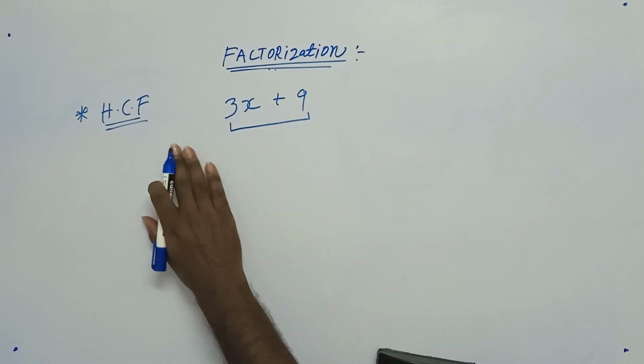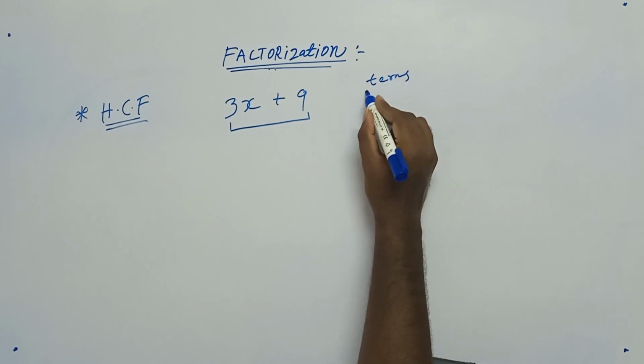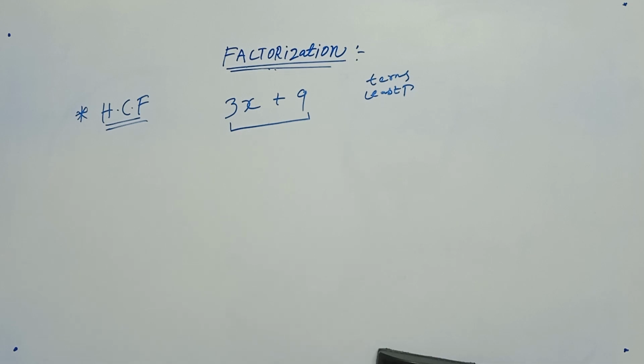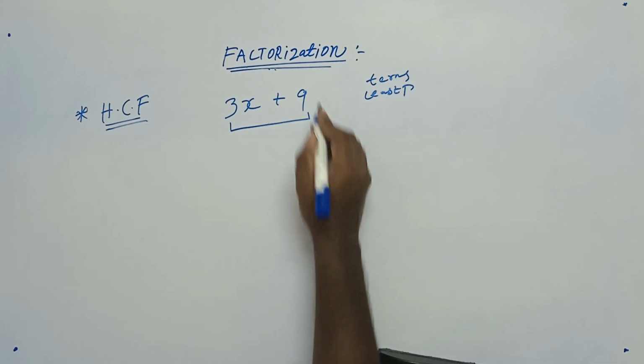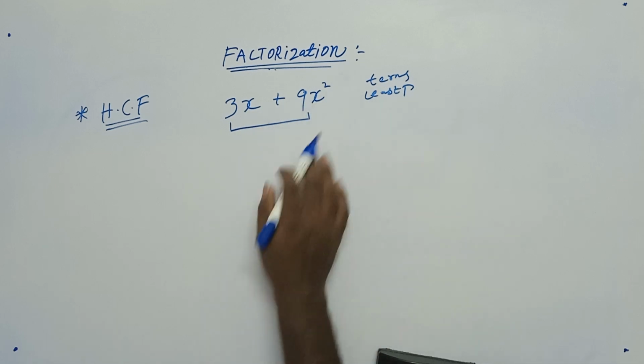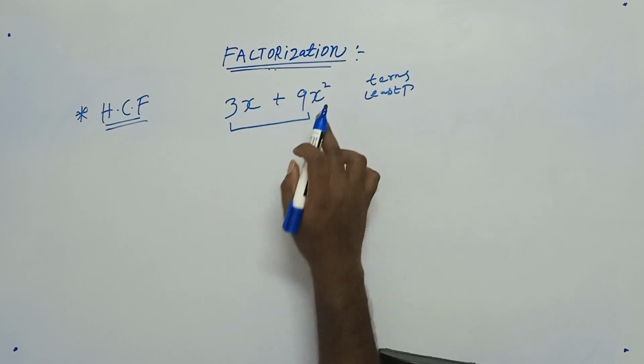I have already explained to you about terms. I have already explained to you the least power. So for example, my question is 3x plus 9x square. My question is not 3x plus 9, my question is 3x plus 9x square.